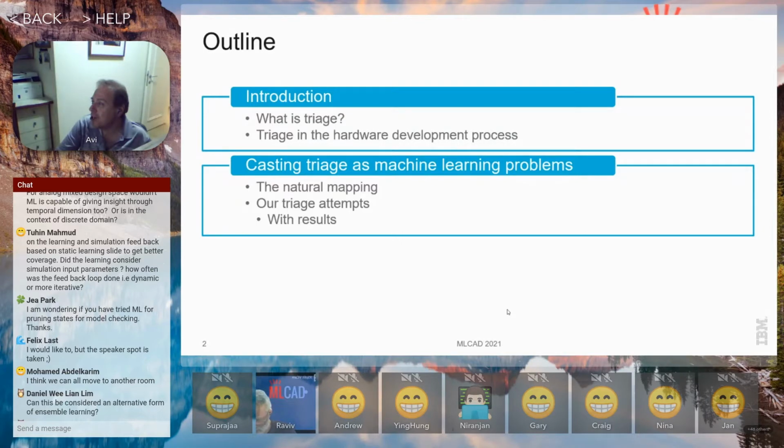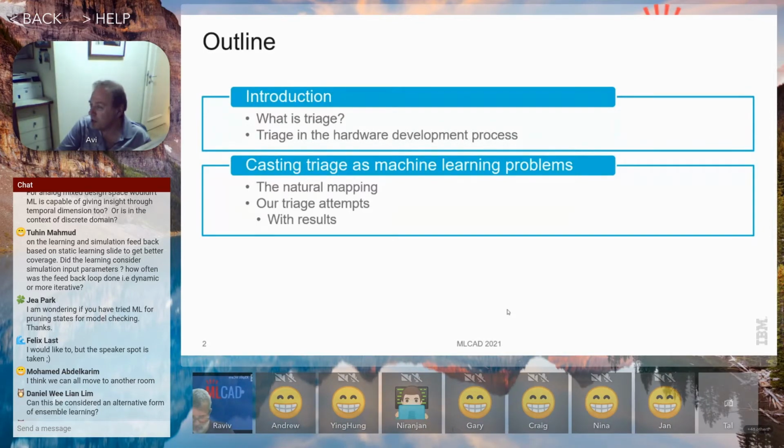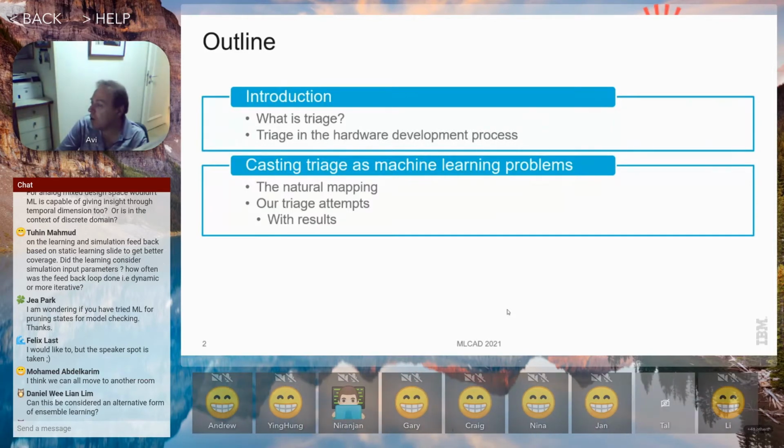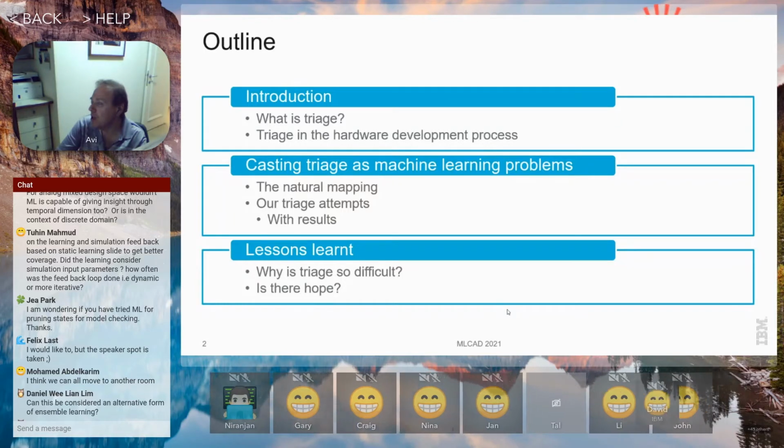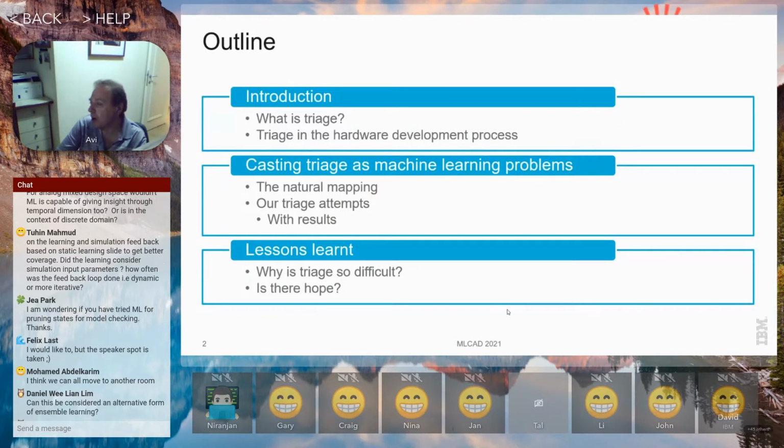This is going to be fairly brief, so I'm not going to go into much detail about this. And that will hopefully give us some time to talk about the lessons learned, why we believe triage is so difficult, and finally answer the question, is there hope? So do we believe that we will be able to use automatic techniques for triage and specifically machine learning-based techniques?